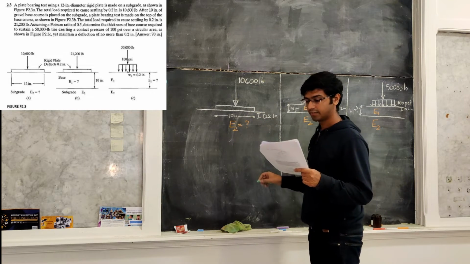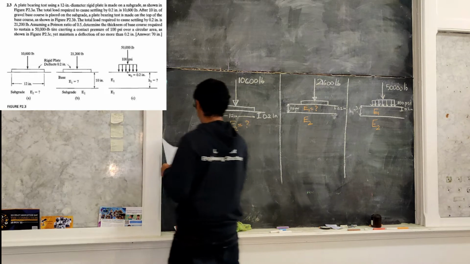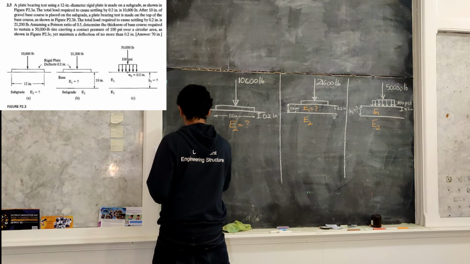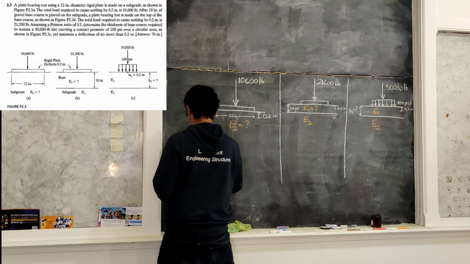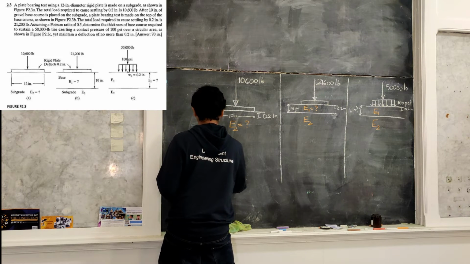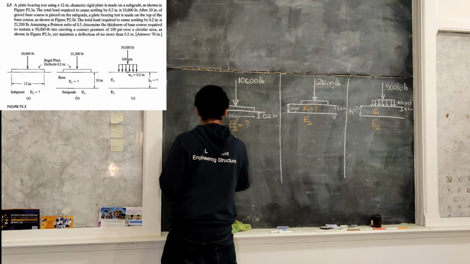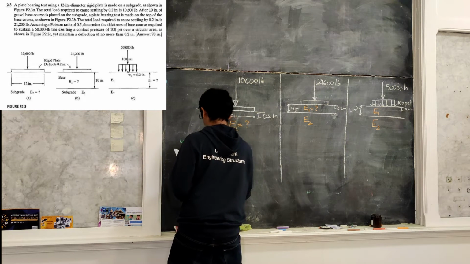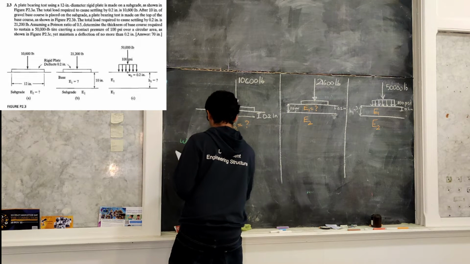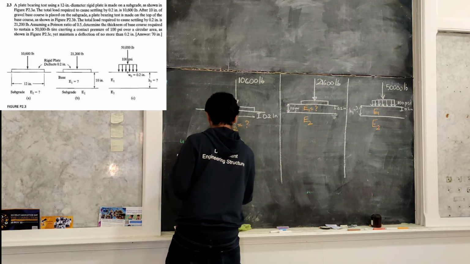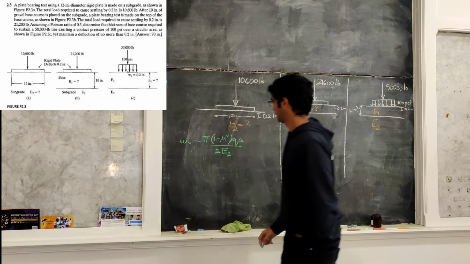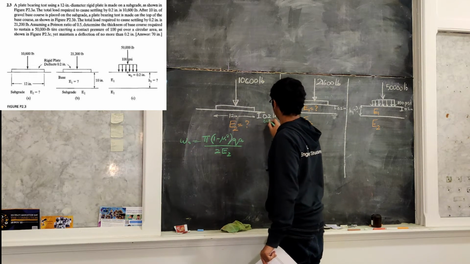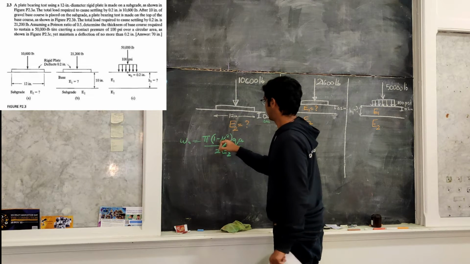We all know the equation for the Boussinesq one, which is deflection W0 equals pi times (1 minus mu square) QA divided by 2 E2. So here W0 is the deflection.